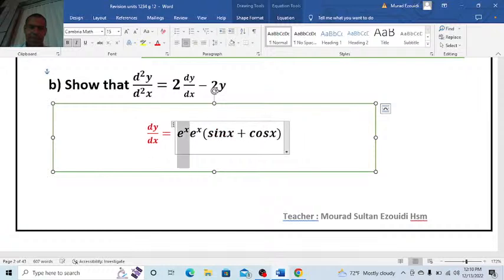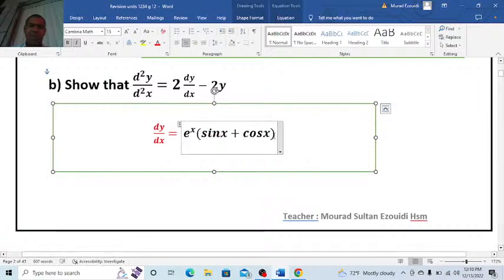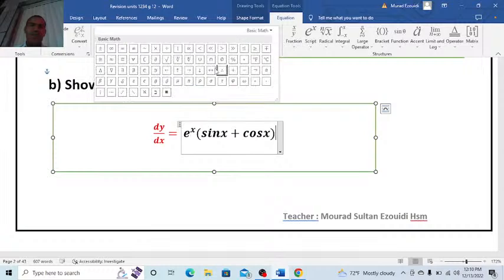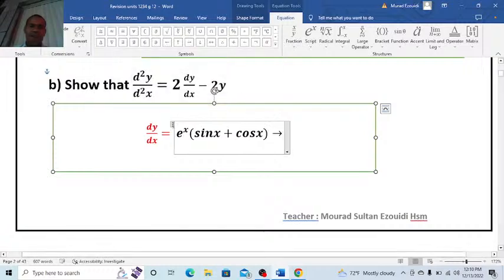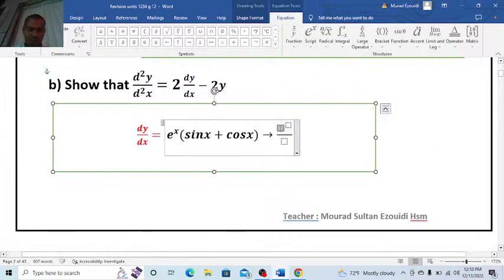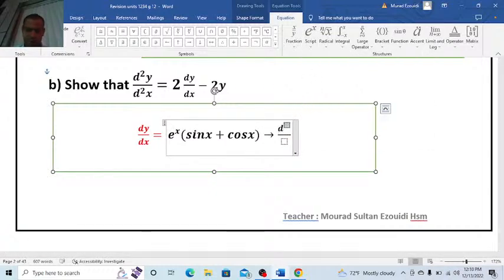Okay, I will put only the last answer. Now the second derivative of the function, my learners. I will write here a fraction: d second of y over d second of x.